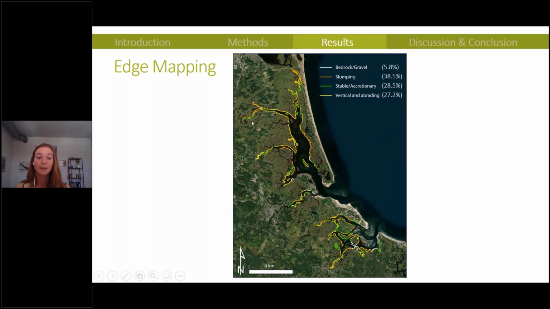And you do see stable or accretionary edges in these tiny channels, but you also see stable and accretionary edges in these really big open water areas where they do get exposed to some pretty strong waves. On the flip side, you can also see eroding edges in these really small channels, as well as in these big open water exposed areas. So on first glance, there doesn't seem to be a relationship between wave exposure and the type of edge or the distribution of edge erosion that we see.